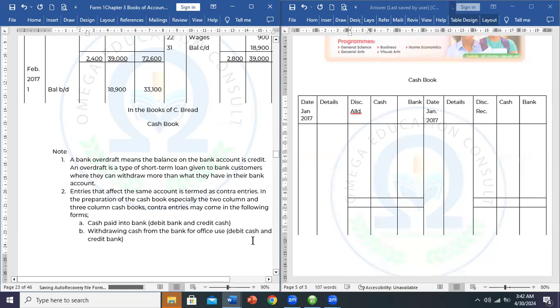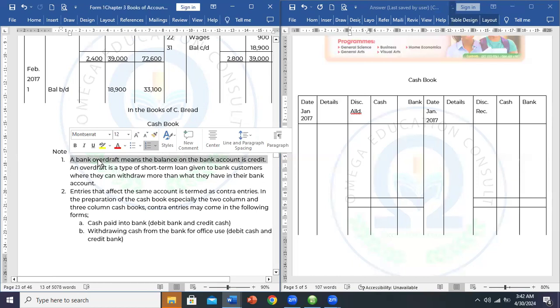On the other hand, your bank account can attain a negative figure. And that's what we refer to as bank overdraft. So a bank overdraft means the balance on the bank account is credit. And for that matter, a bank overdraft is a current liability. It is a liability. That's why it assumes a credit balance.